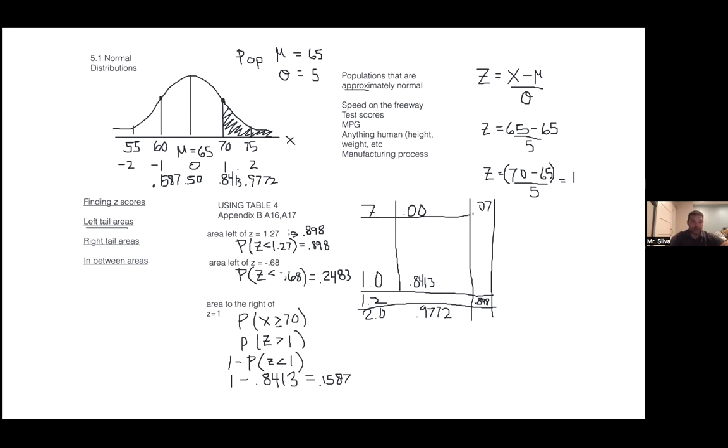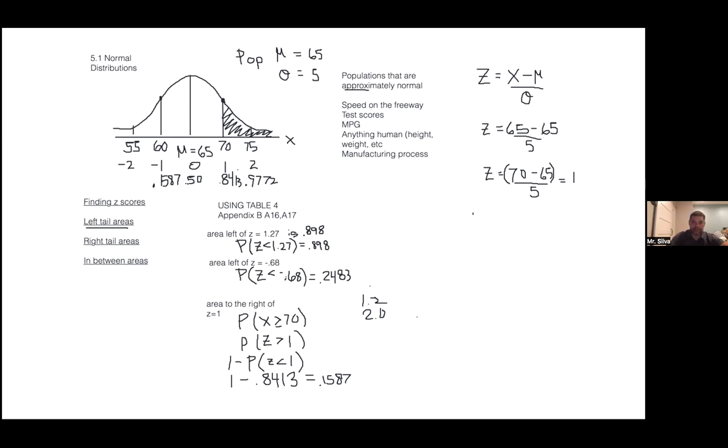Okay, here's a really cool shortcut. I'm all about the shortcuts, like using this eraser instead of erasing the whole thing, it just knocks all that stuff out. Shortcut, instead of starting over. What I'm going to do now is use the calculator.